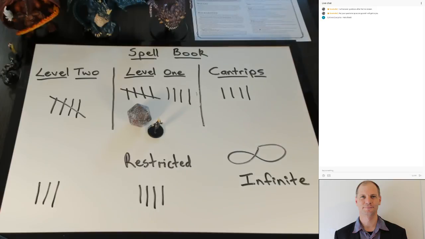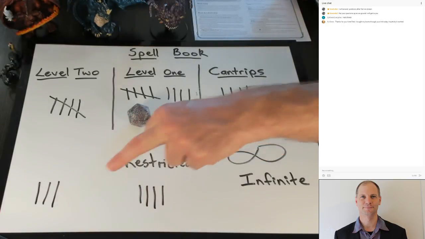Hello. Are there any questions with regard to known spells and spell slots? Like I said, there's a difference between the spells that you know that are in your spell book, the number of spell slots that you have, in other words, how many spells of a particular level you can cast in a given day, and then you have the other thing, which is prepared spells, because you actually have to go through the known spells and select a certain number that you can prepare, that you can use your spell slots with.